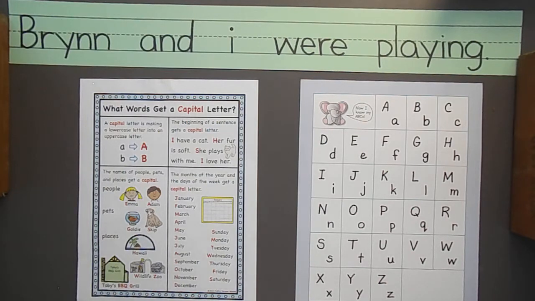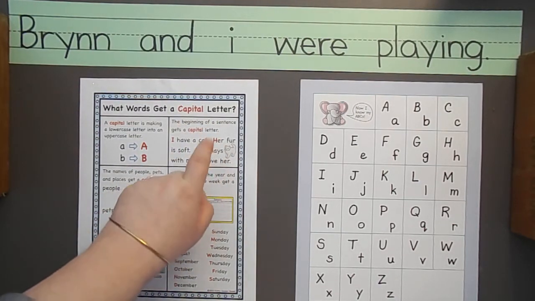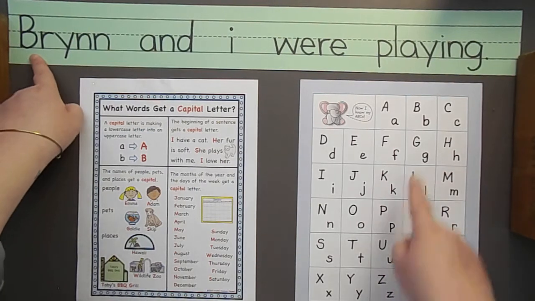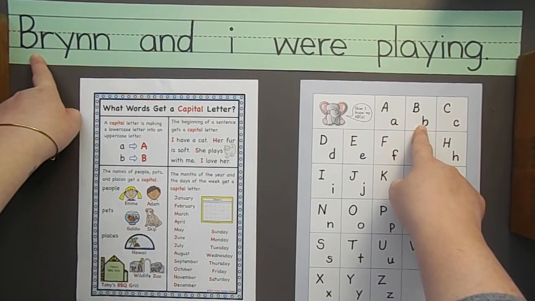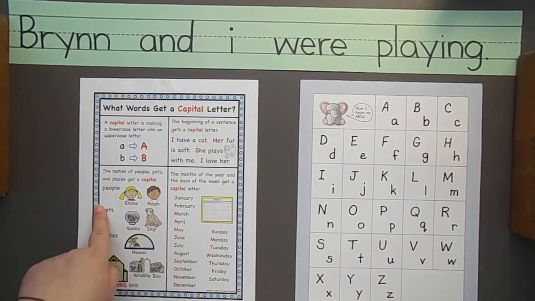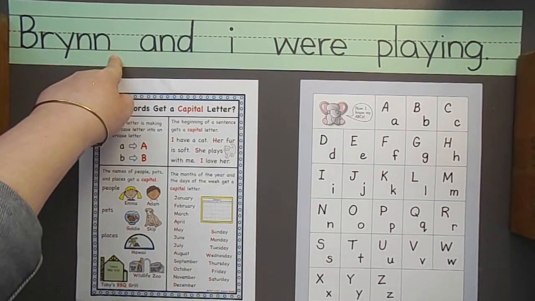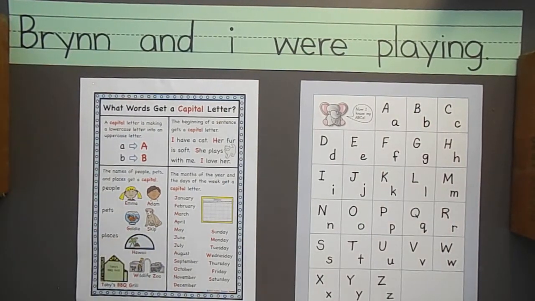Okay, so let's start at the beginning. We know the beginning of our sentence gets a capital letter. Oh, I see there's a B. Looks like I'm using the uppercase B and not the lowercase b. I also see people get capital letters. Well, Bryn is not only the first word in my sentence, she's also a person, and I'm using a capital letter.